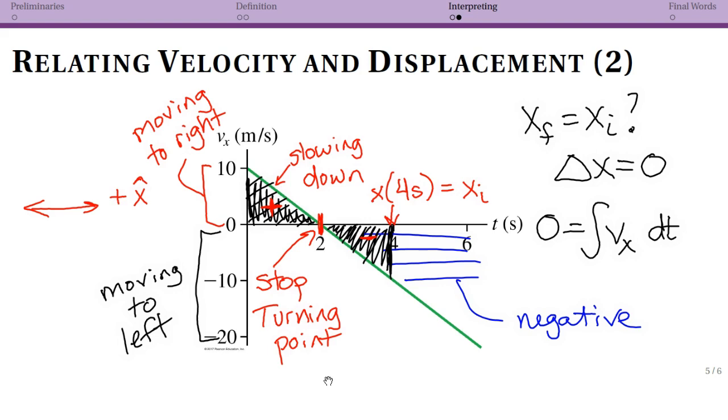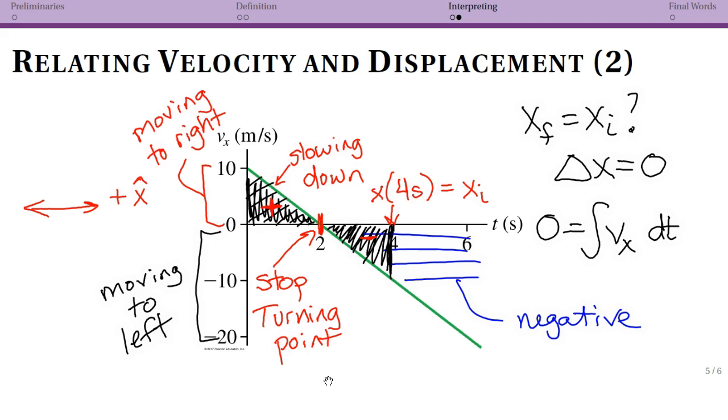So this is what I mean when I talk about interpreting a velocity plot, that even though you haven't been given a plot of position or of displacement, you're able to use the information in the velocity plot to infer what's happening with position. So this is where we need to really be able to work with representations, and you can get a lot out of it without ever doing a calculation.